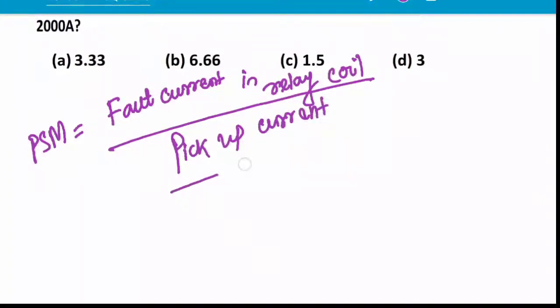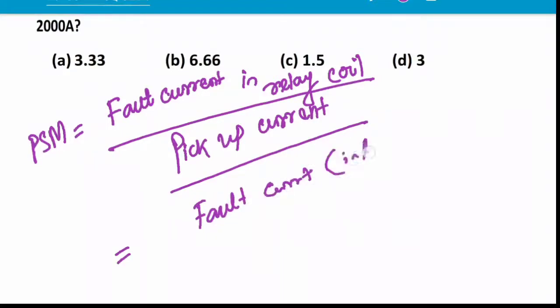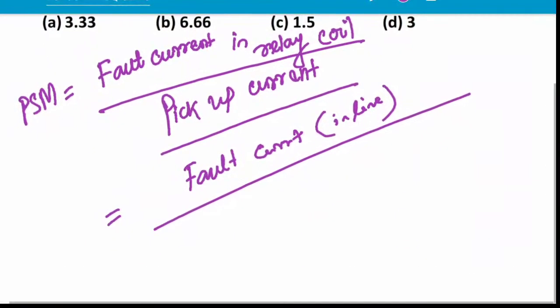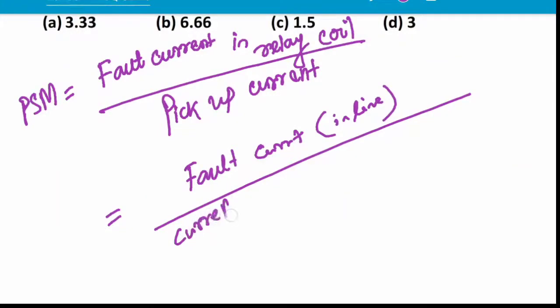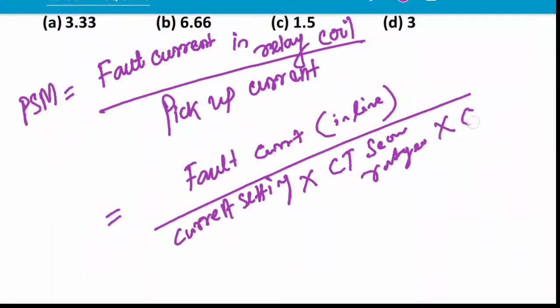This is the formula, and this can also be reduced to fault current in line, that is the actual fault current, by current setting into CT secondary rated current into CT ratio.